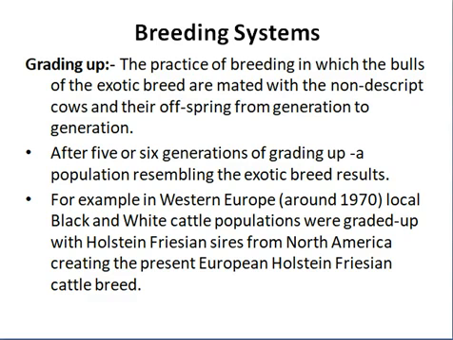They bought bulls from them and mated them with their cows, and that resulted in the present Holstein Friesian breed in Europe. This is called grading up. We need to grade up or genetically improve our breed by mating with a foreign breed.